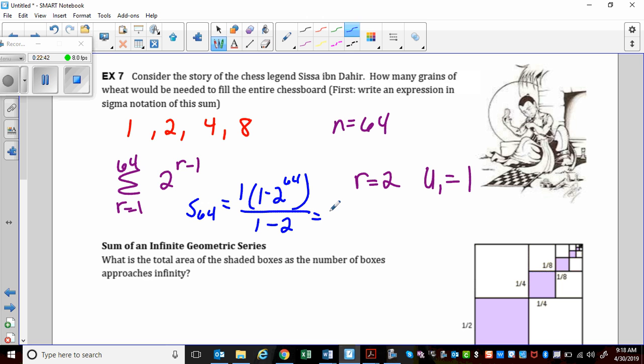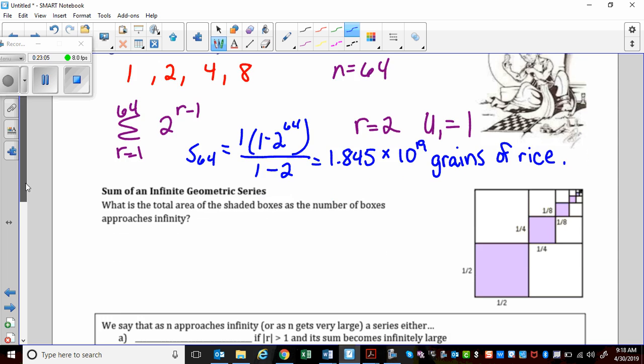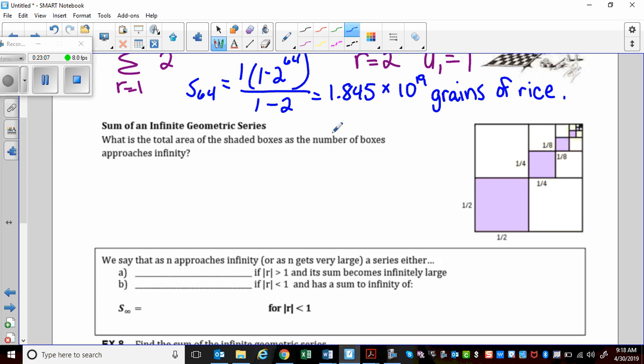I think my calculator does it in scientific notation because it's so big: 1.845 times 10 to the 19 grains of wheat. I encourage you to look this up. It's pretty cool.